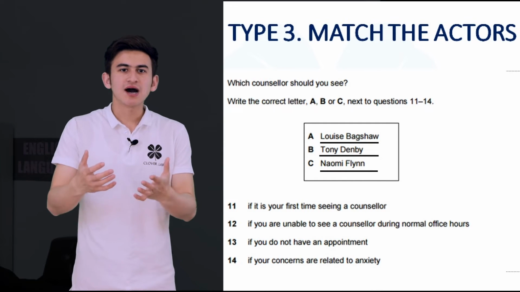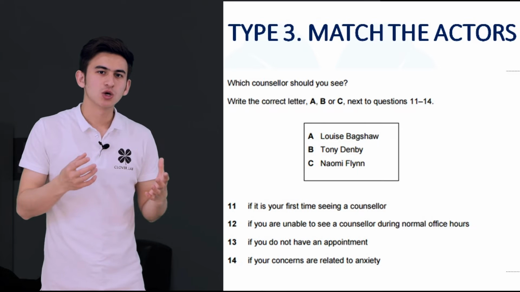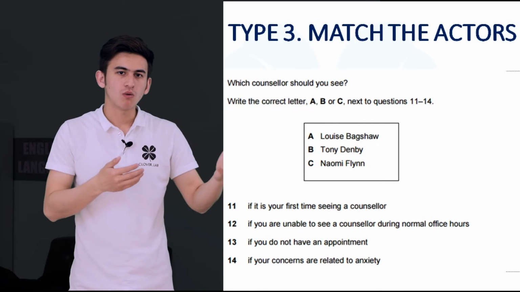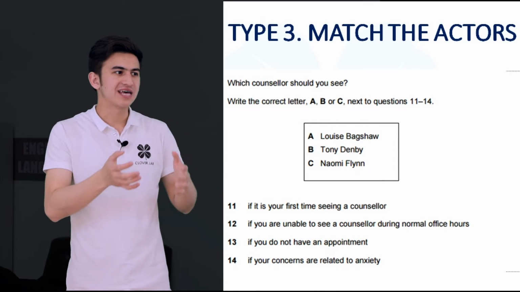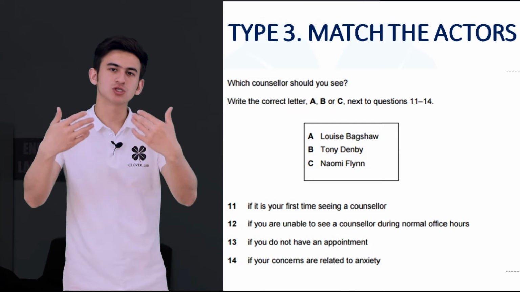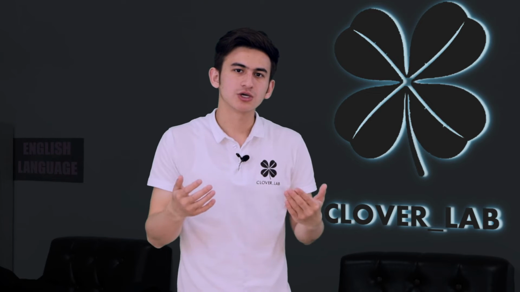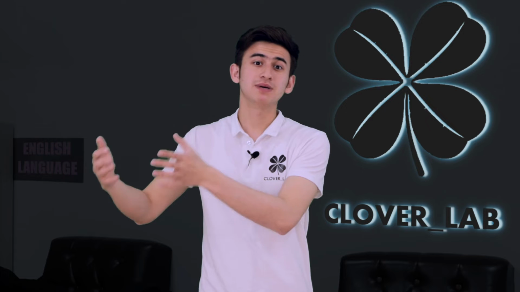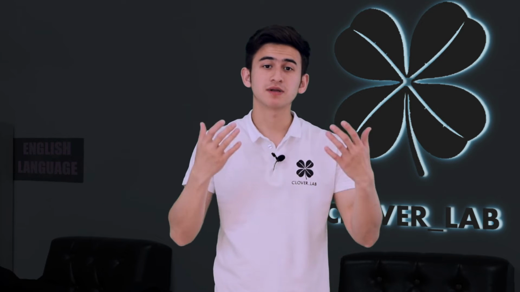So your task is to match which thing or action that person is supposed to do. In other words, you have to match people with their following responsibilities, or what they are really supposed to do.